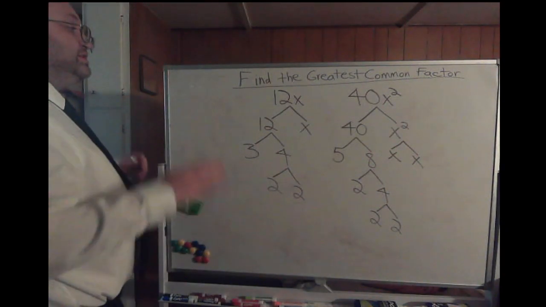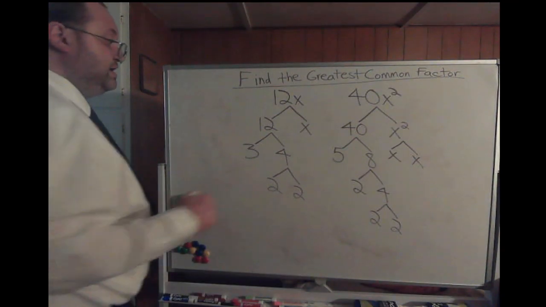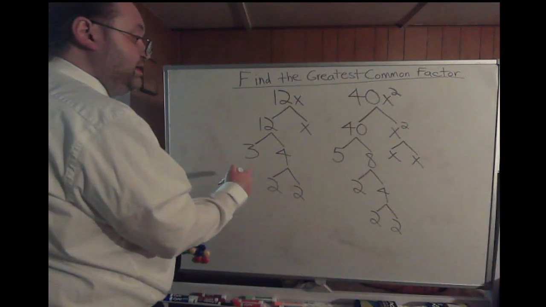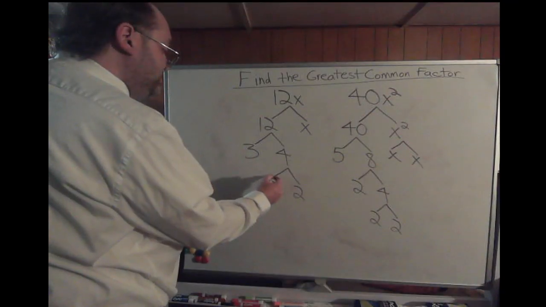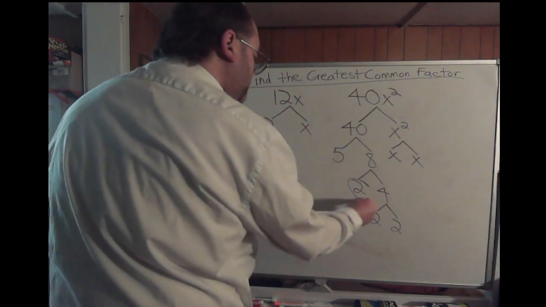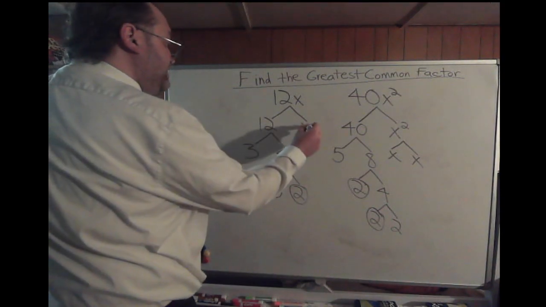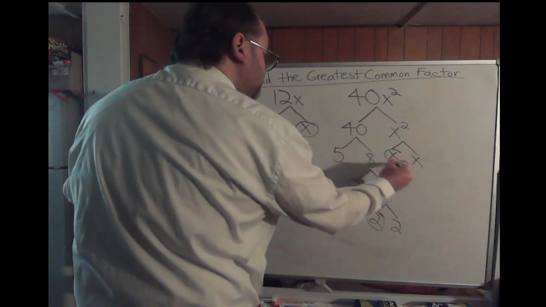Okay, let's go through now and circle what each of these have in common. They don't have a 3 in common. They definitely have at least two 2's in common, judging by what we see here. They both have two 2's in common. They even have an x in common.